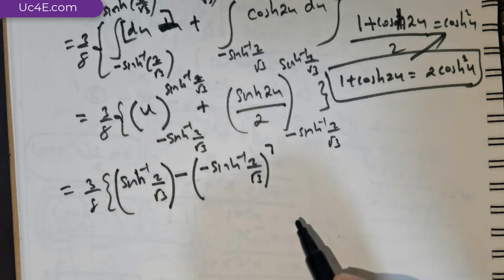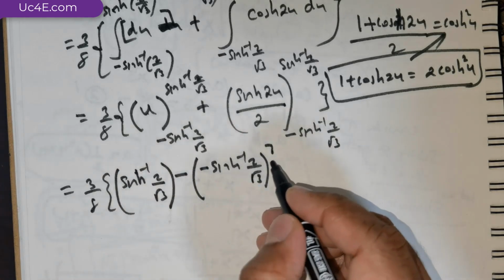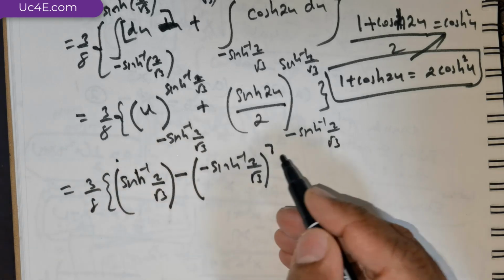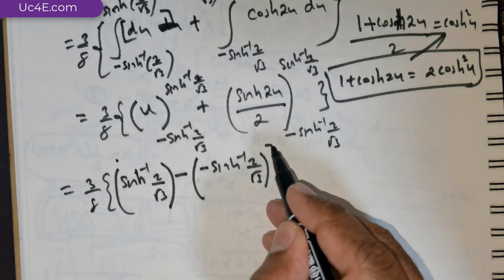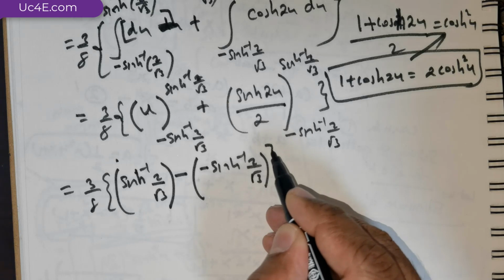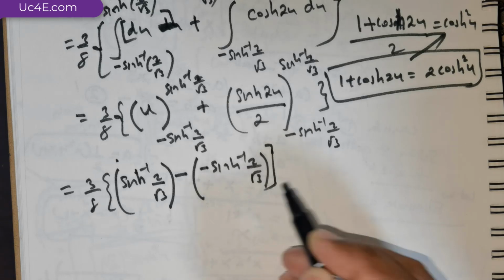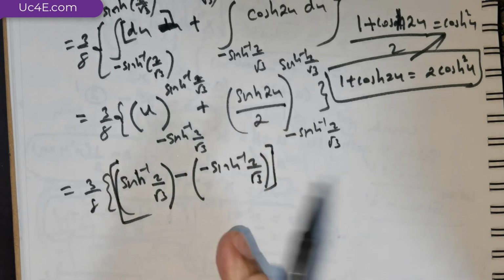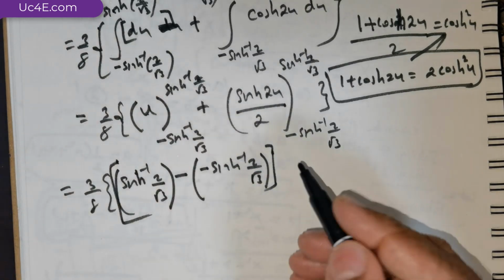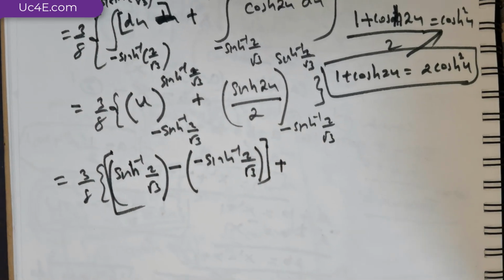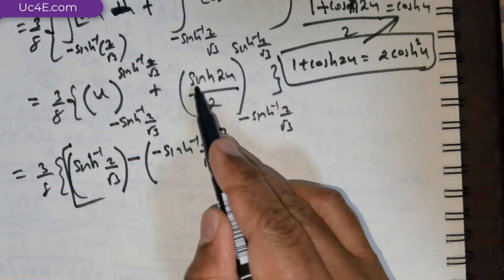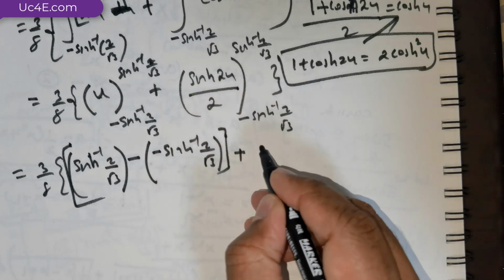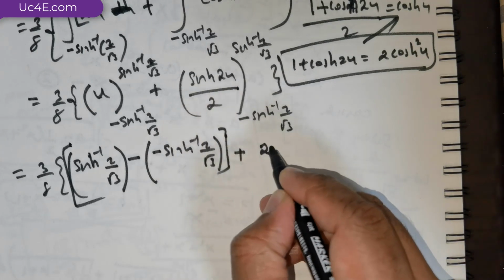Upper limit minus the lower limit. This is one part, followed by, I was just thinking of placing a parenthesis, but it doesn't matter. If you want, you can place a parenthesis like this, just to show this part belongs to this. Positive sin 2u, what is sin 2u?